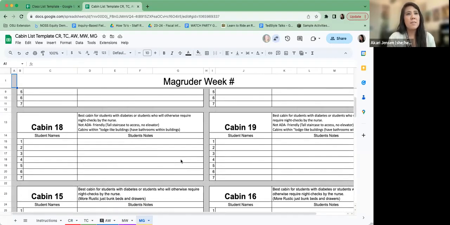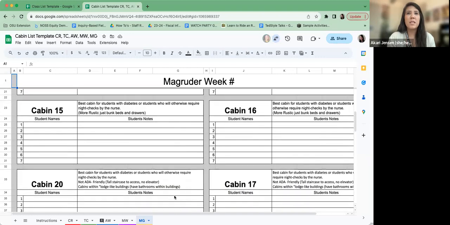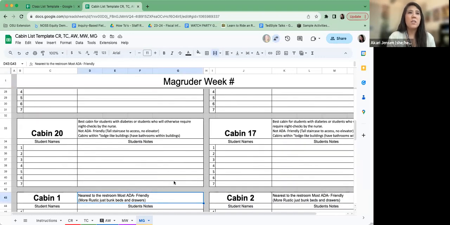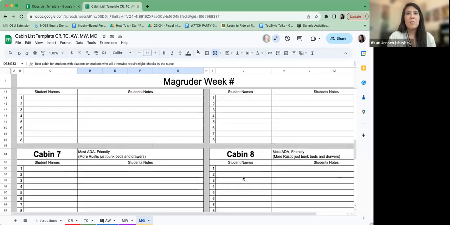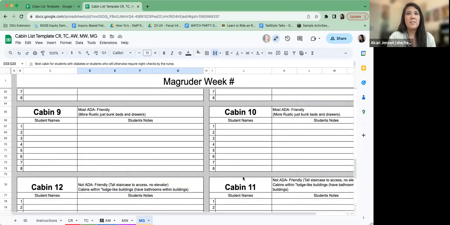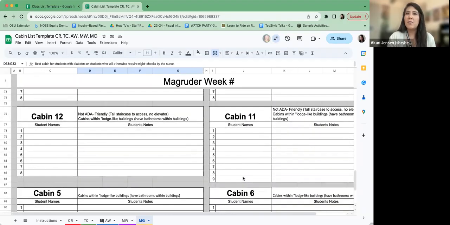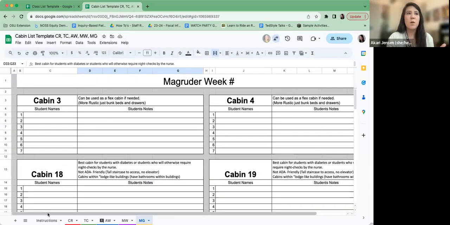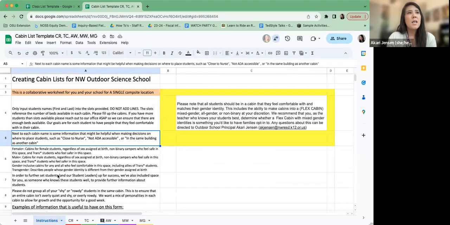There are some cabins that have bathrooms in the cabins and some that do not. So nearest to the restroom, most ADA friendly, you'll see this one's not ADA friendly. Those notes will let you know where you need to place people. So please do be mindful of which buildings you are placing people in.